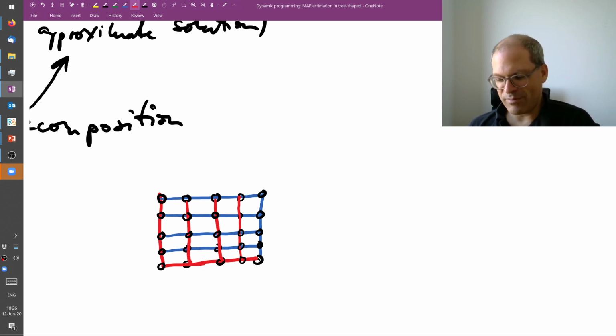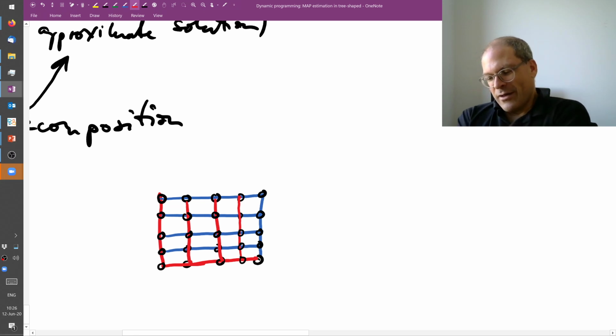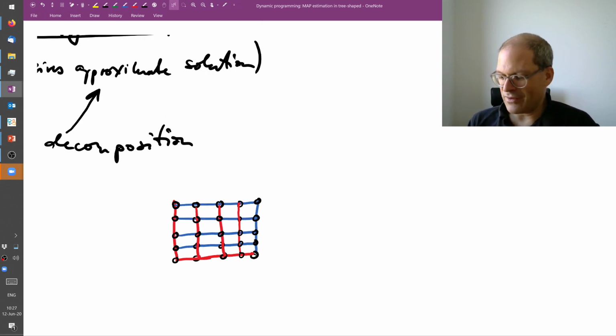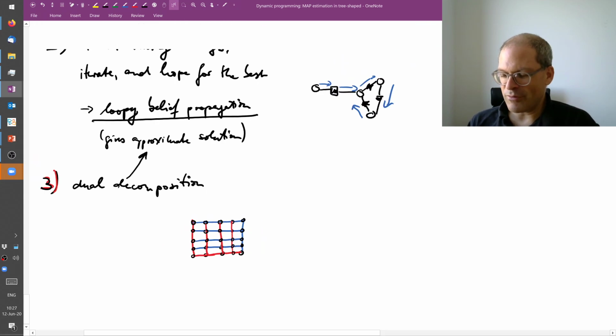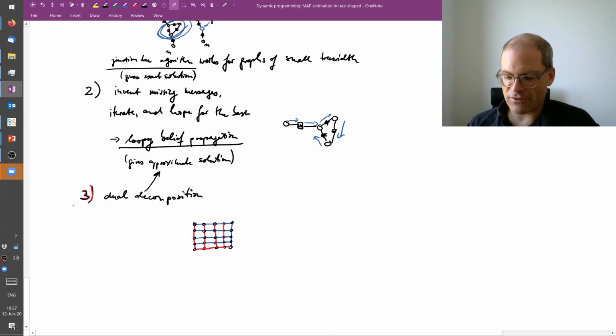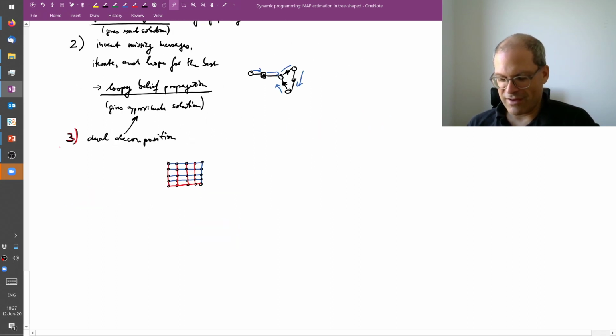The blue tree spans the rows plus the rightmost column. We can do exact optimization or exact inference on both of these, and we will get different answers. And we can then start shifting around potentials between these two trees until we reach a consensus answer. This is an approach called dual decomposition, which also gives us an approximate solution.